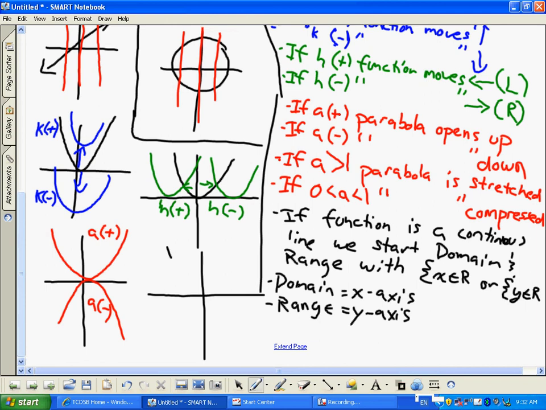Let's draw our original. Here's a stretched version of it. Here's a compressed version of it. Looks much wider. The stretched version is when a is greater than 1, and the compressed version is when a is greater than 0, but less than 1. So these are all examples of some of the notes we already made.